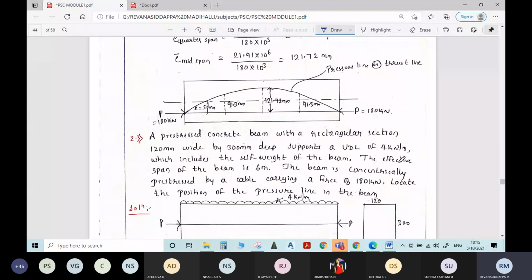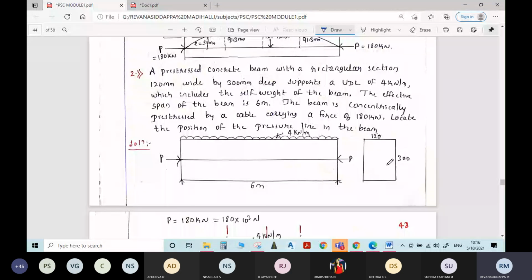Go on solving the problem. Same procedure. Only the thing is, you need not find the self-weight. Directly take the live load of 4 kN per meter and locate the thrust line.